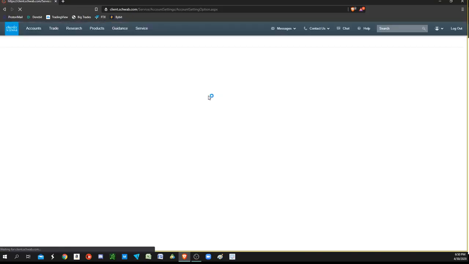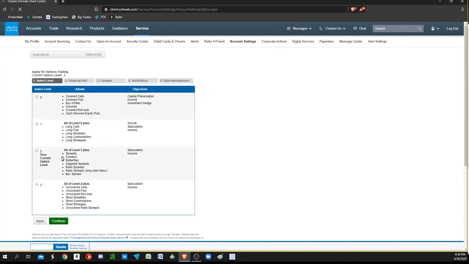You need at least level 2, I would say, if you want to be able to buy spreads. So that's where I'm at. You don't really need this. If I fund this account, I'm eligible for it, but I haven't yet.